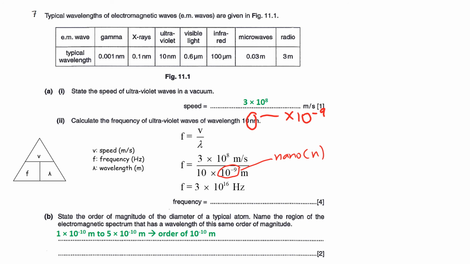Therefore, 10 to the power minus 10 meters is how many nanometer? You divide by 10 to the power minus 9 meters, represented by nano, and you should get 0.1 nanometers. Therefore, it should be X-rays.